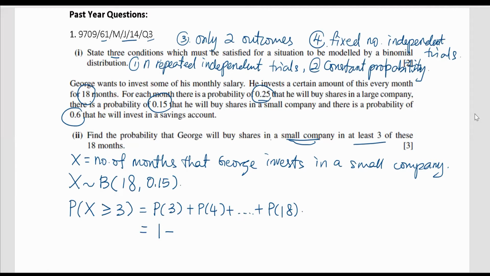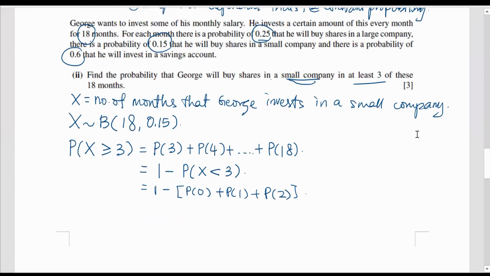We will take 1 minus the probability that X is less than 3. Less than 3 means we just have to find the probability of X is 0, 1, and 2. By using this way, you just need to use the binomial distribution formula 3 times.